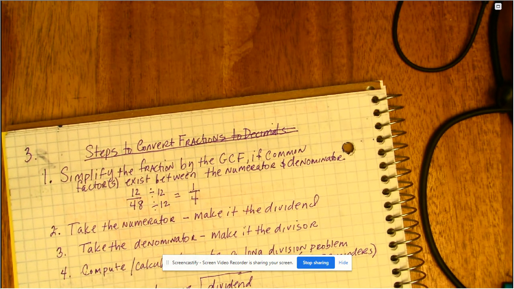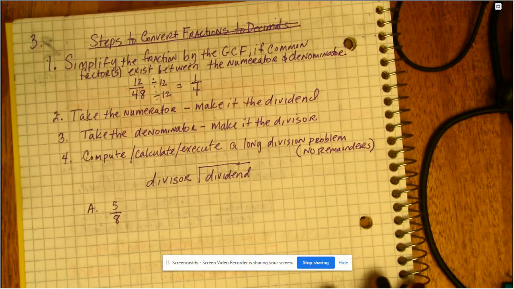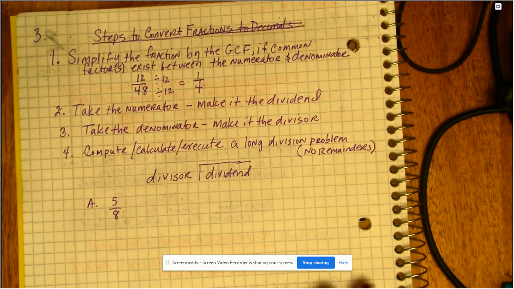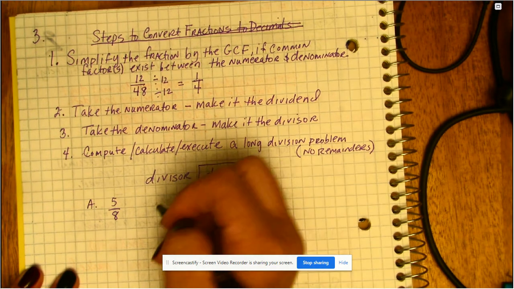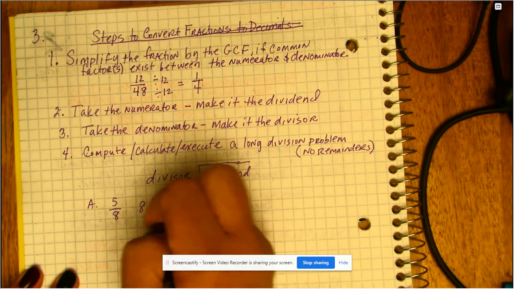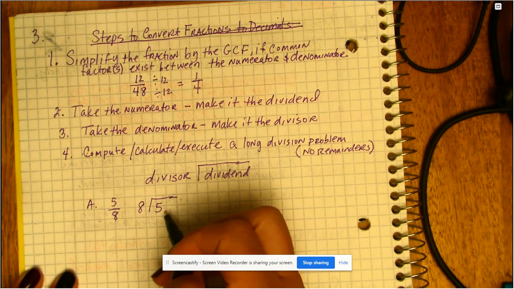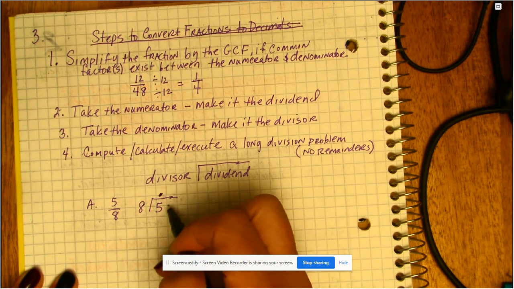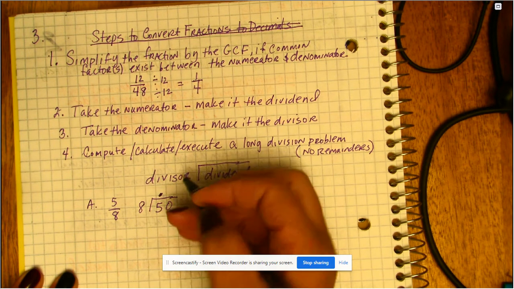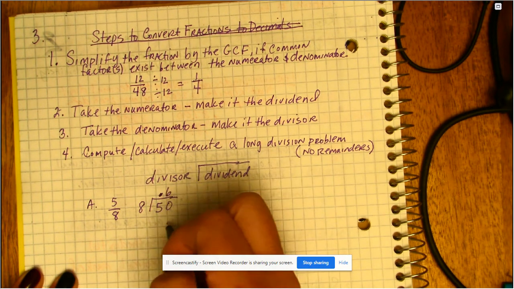5 over 8. I'm sorry, you guys couldn't see that. So I'm going to push that up. So if we have 5 over 8, we have 8 going into 5, right? We know that 8 cannot go into 5. So that's when we put our decimal up and we add a 0. 8 goes into 50 6 times.